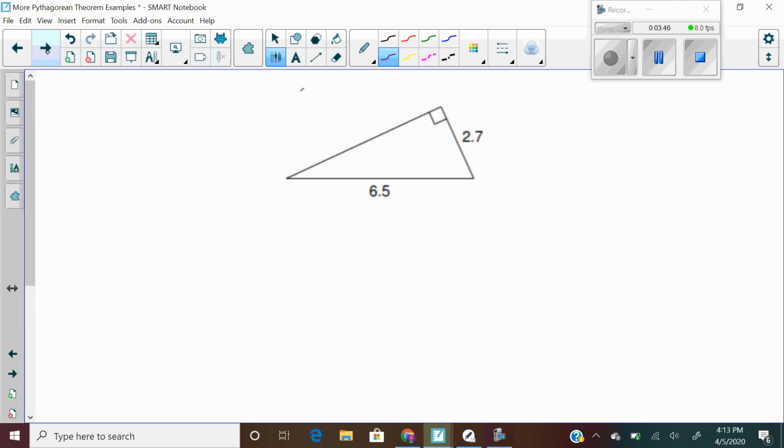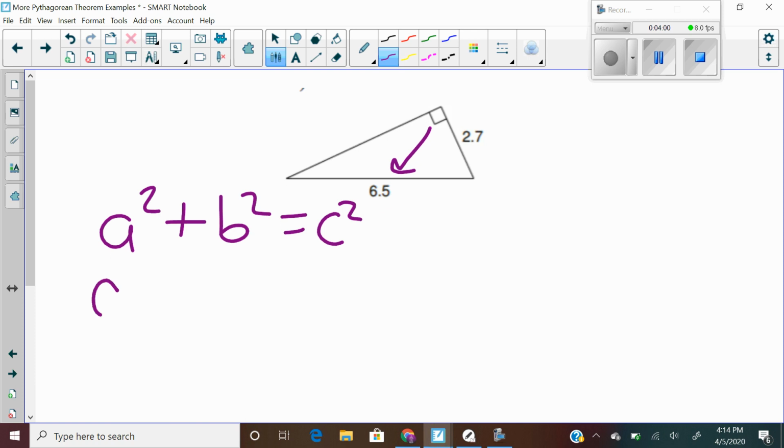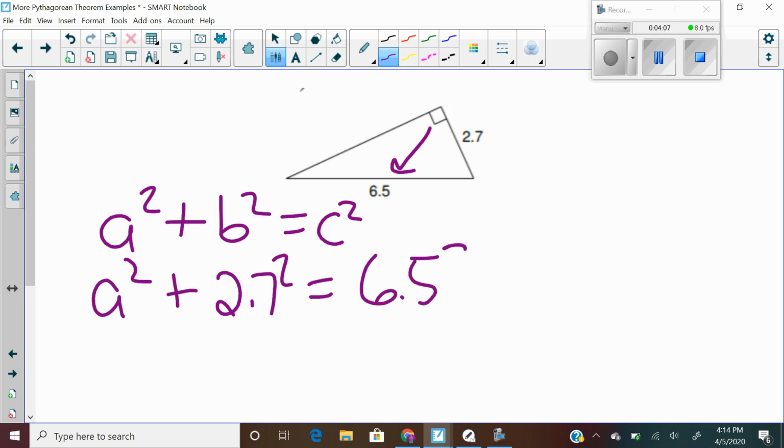So the next example, again, I have the hypotenuse, which is directly across from the right angle. So I'm again going to do a squared plus b squared equals c squared. I'll use a squared, so a squared plus 2.7 squared equals 6.5 squared. 2.7 squared is 7.29. 6.5 squared is 42.25.